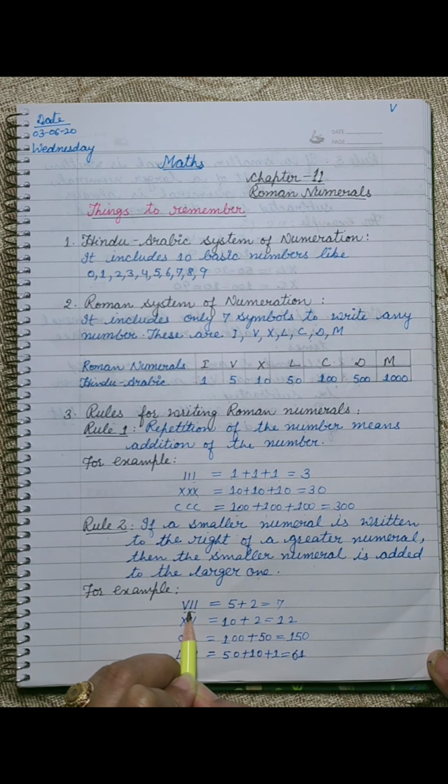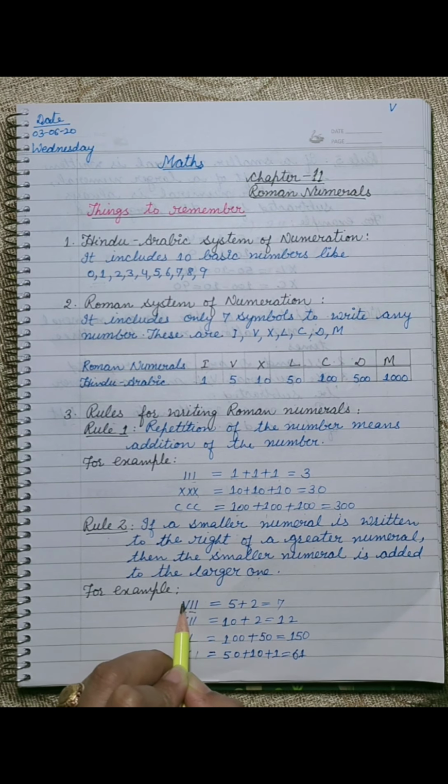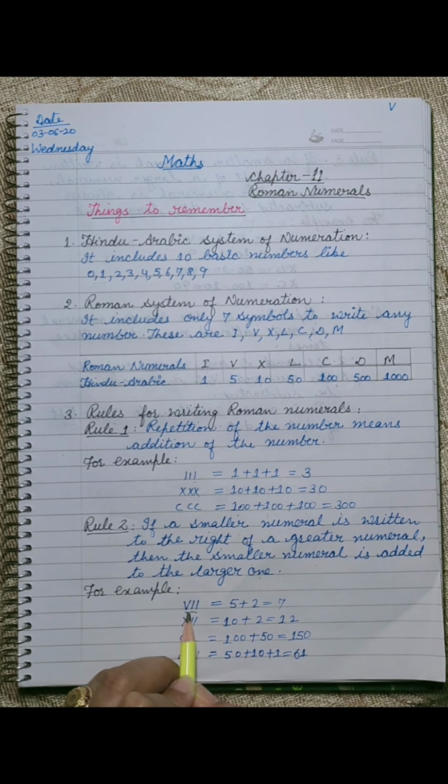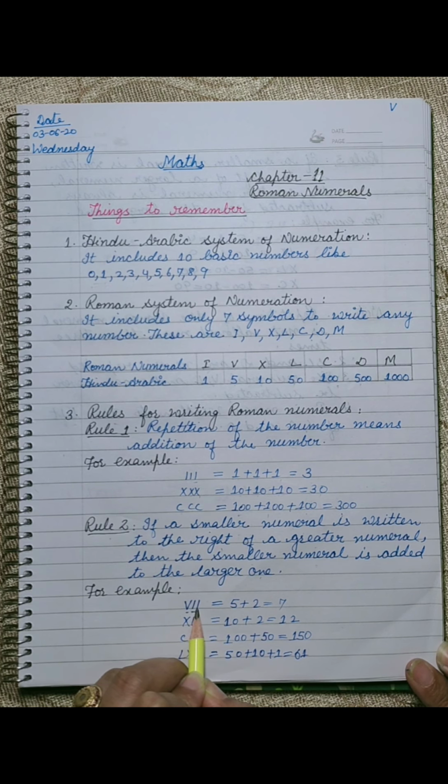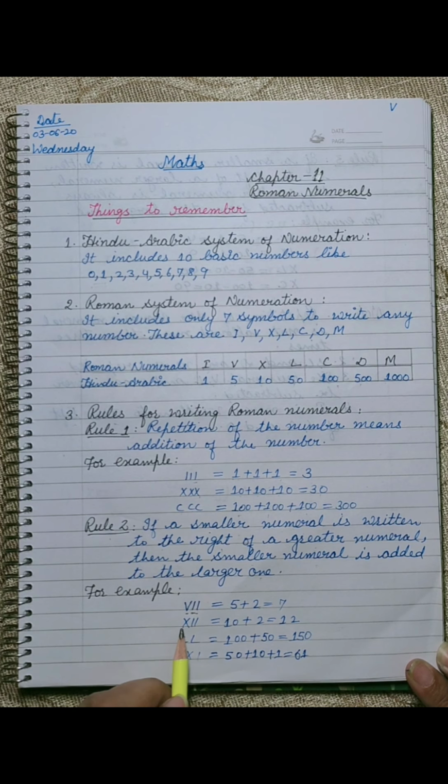I is on the right side of the Roman numeral V. V is the larger number, I is the smaller number. That means we add: V plus I plus I, 5 plus 1 plus 1, so 5 plus 2 is equal to 7.